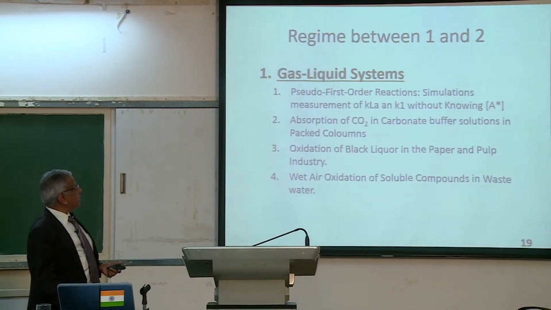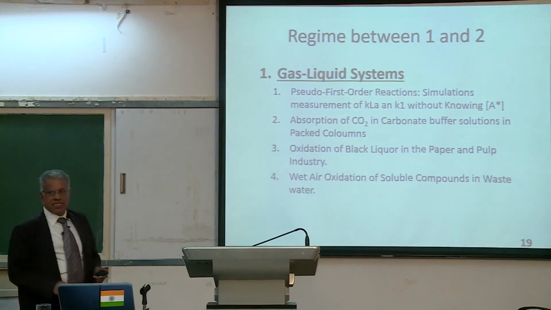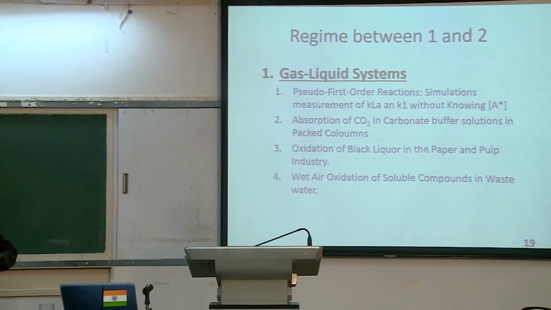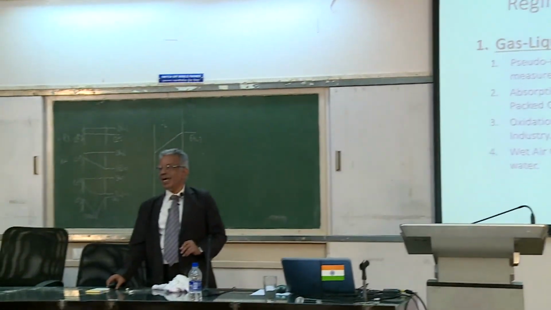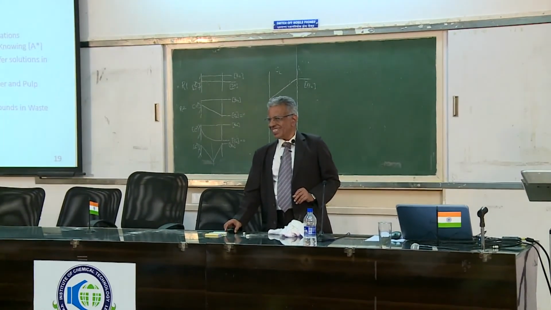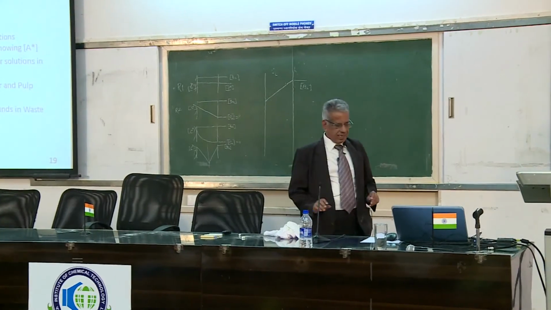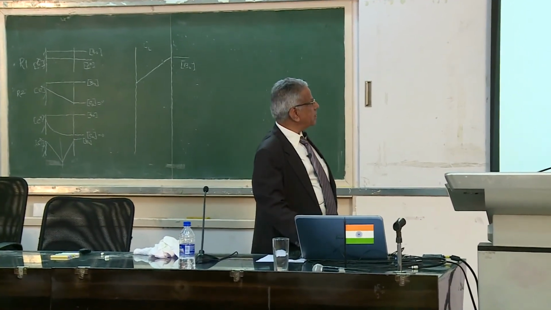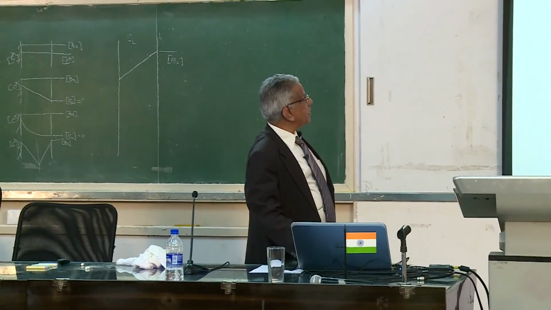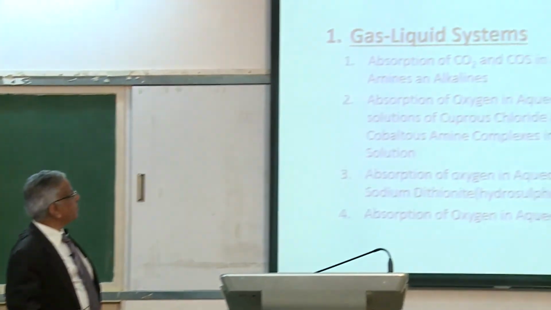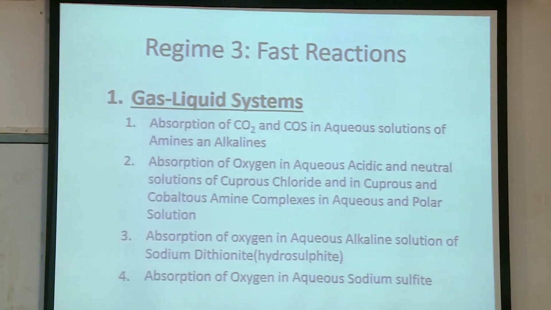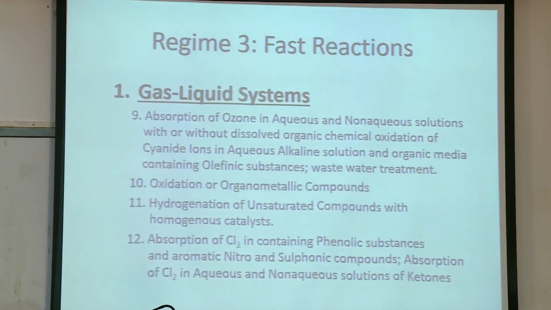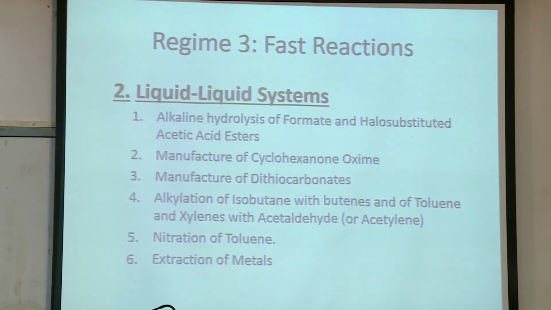The regime between first and second. So, somebody has done this job of compiling, and this information is compiled from the published literature. Some of them of course were done in this laboratory. Liquid, fast reactions, gas liquid, fast reactions, liquid.